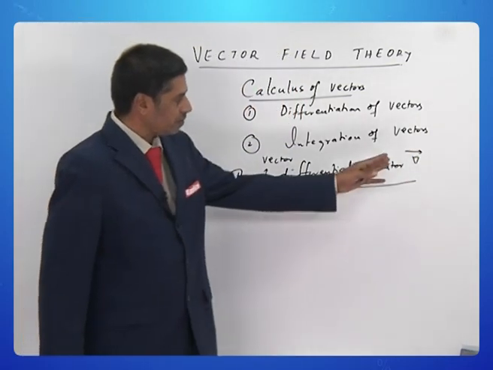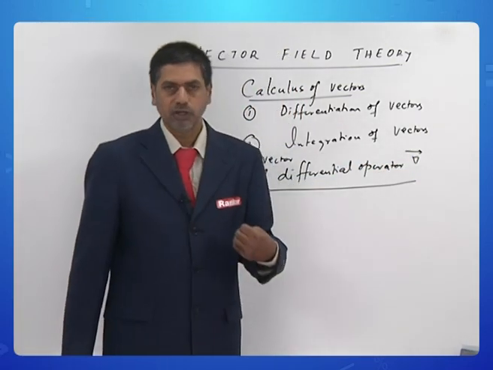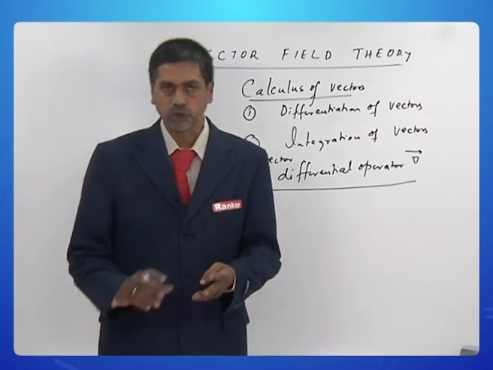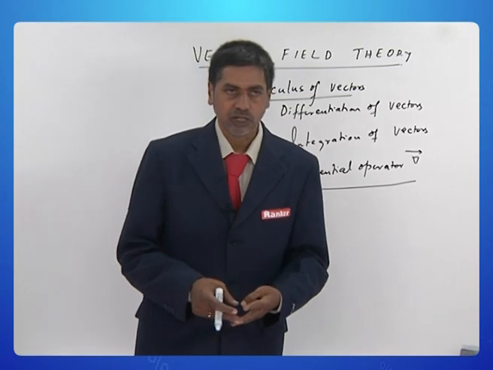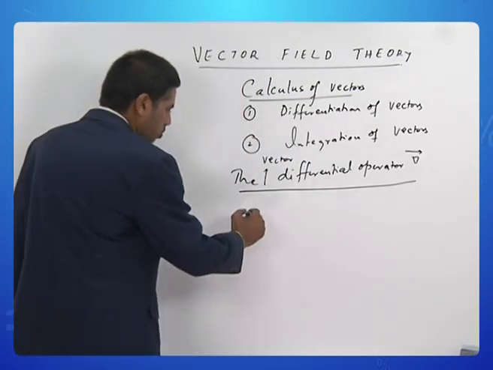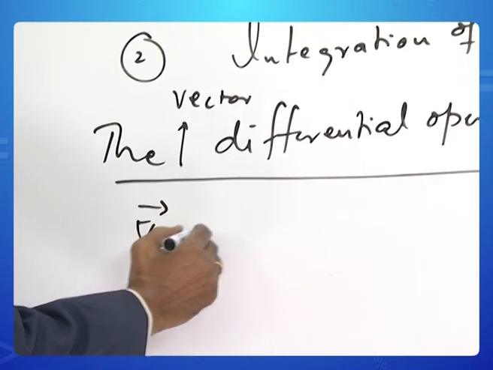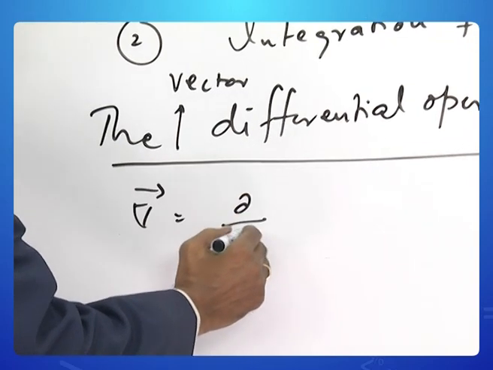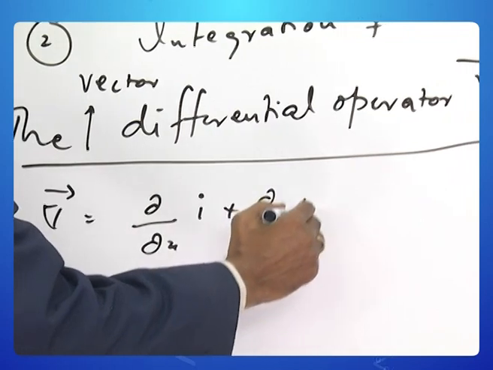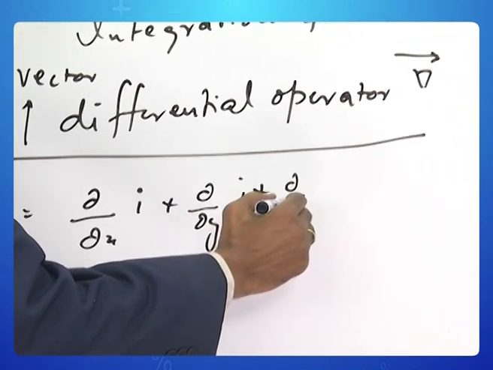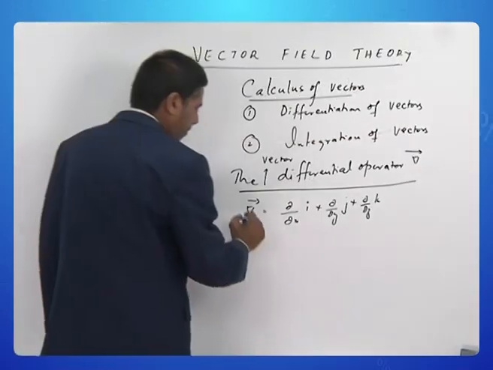So this will have the features of a differential operator together with vector characteristics. That means i, j, k will also be present. So we define del to be dou by dou x into i plus dou by dou y into j plus dou by dou z into k.